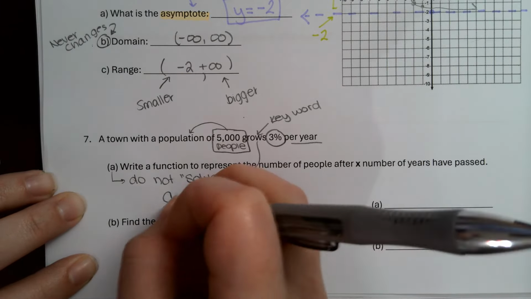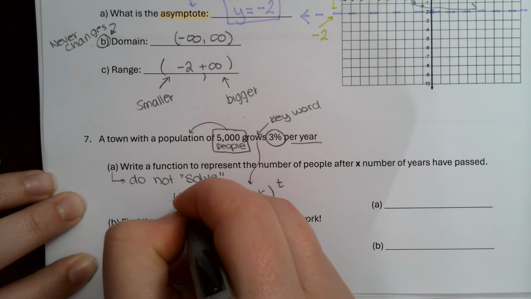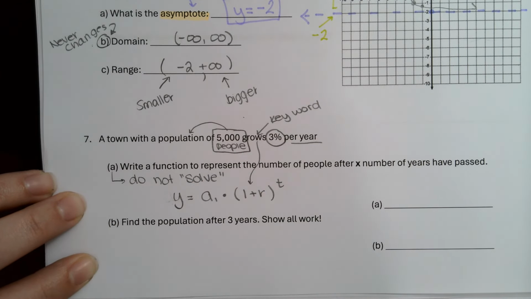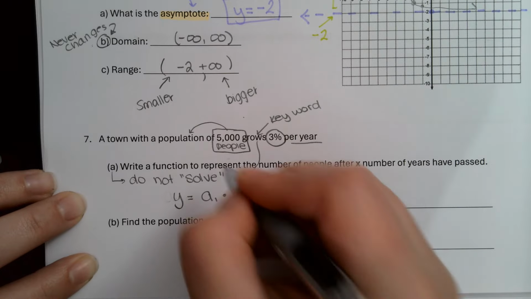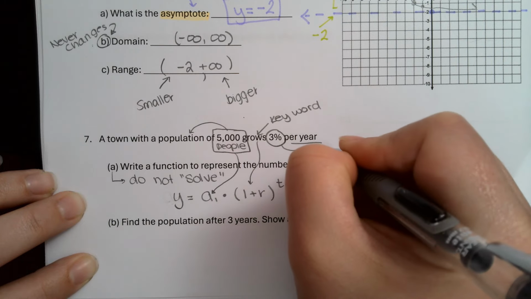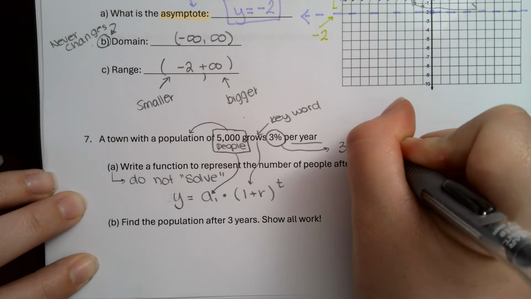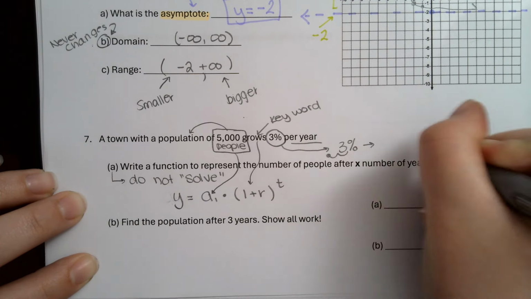I am okay with that as your equation as well. That part doesn't matter to me. Next, we have A sub 1, which is your initial value that you started with. Your rate needs to be converted to a decimal by jumping 2 jumps to the left.